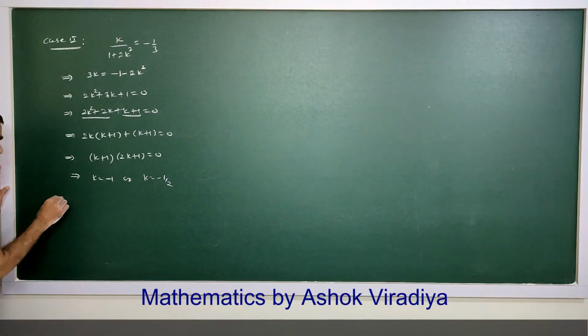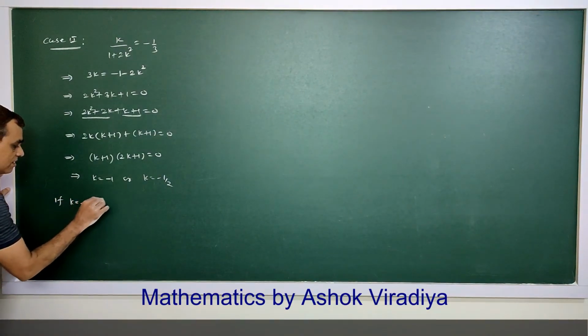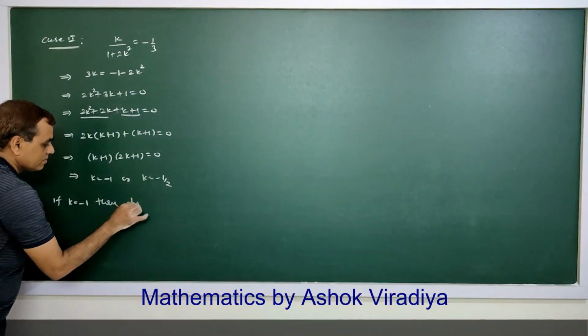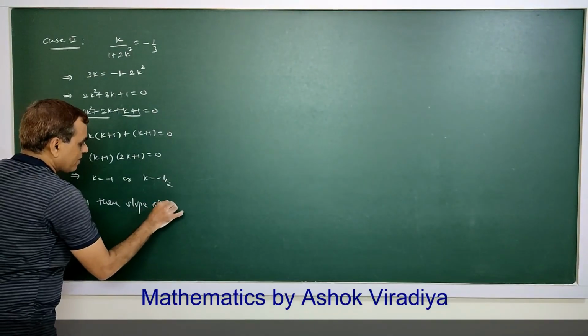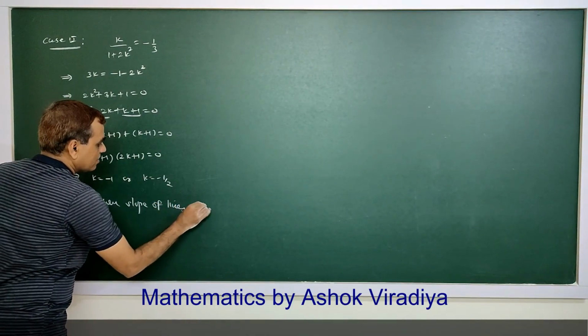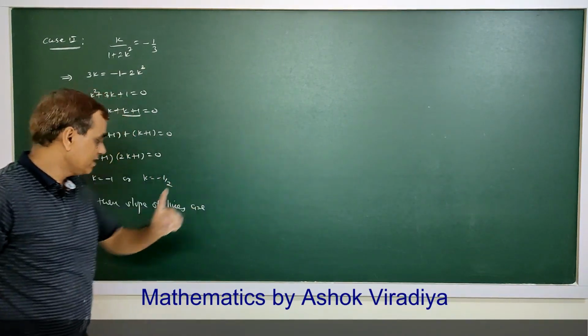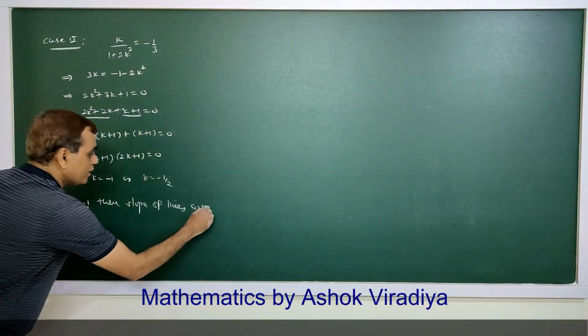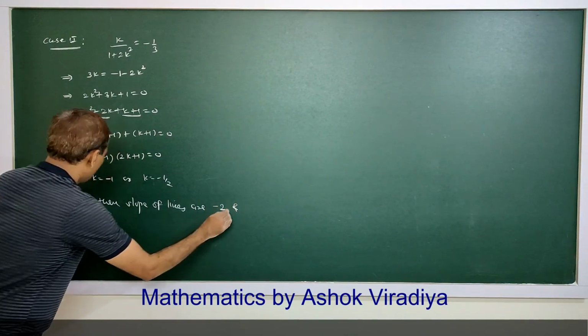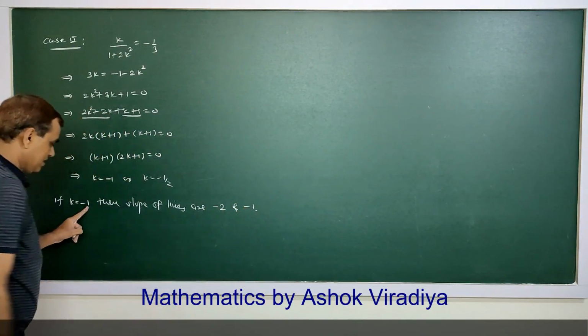Now if k is minus 1, then the slopes of lines are, we supposed 2k and k, so 2k is minus 2 and k is minus 1.